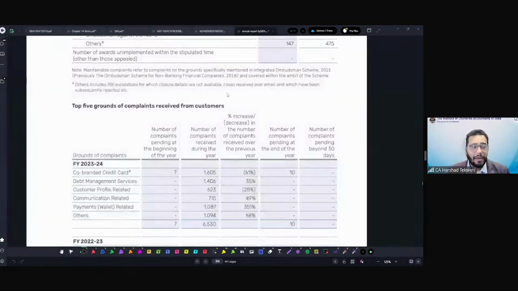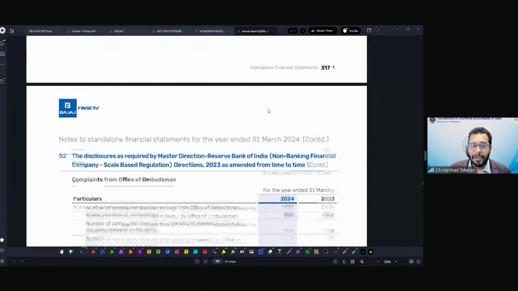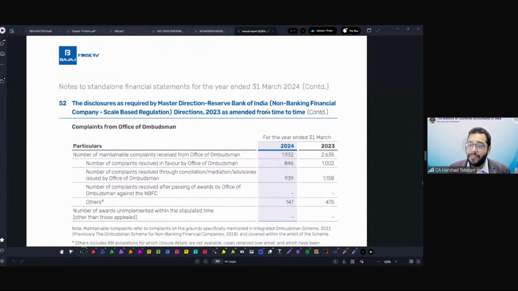Then you will say that, okay, whether the financial statements in all material respects comply with the applicable financial reporting framework. So these are the financial statements. This is the notes to financial statements. Now, if that reporting is incorrect, which is not as per the applicable financial reporting framework, then how can you give an opinion that, okay, in all material respects, it complies with the requirement?